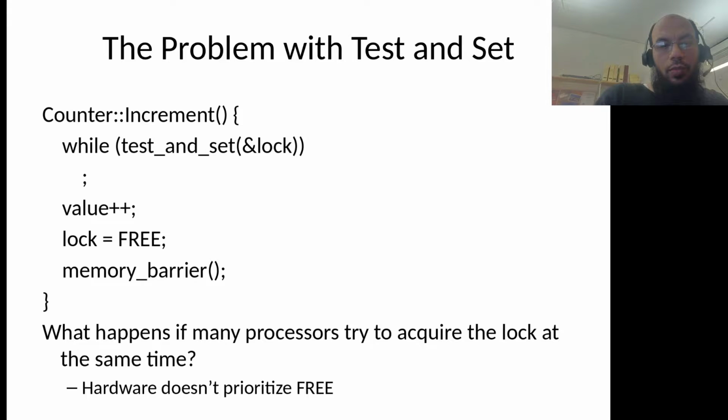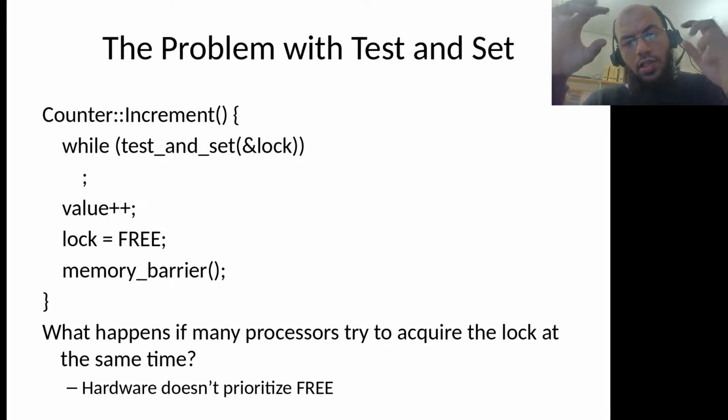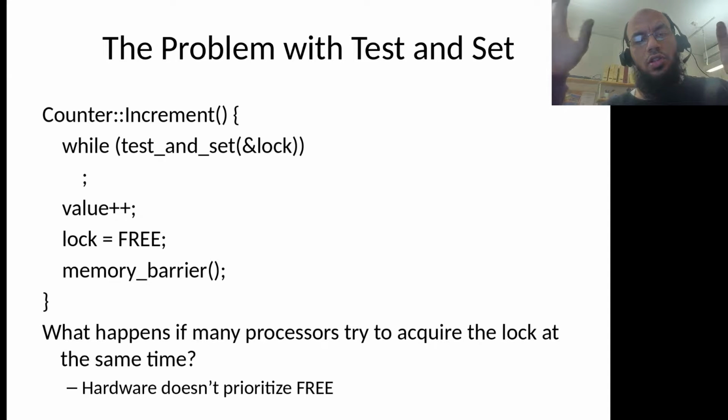And then the problem occurs when many processors try to acquire the lock at the same time, because if you have multiple processors, each processor will have its own cache. And last lecture we talked about how the cache hierarchy looks like in your system. Since you have your own cache, you will need to synchronize your cache once an operation has happened.